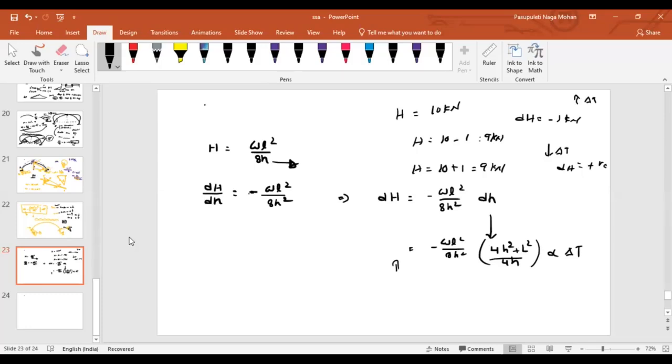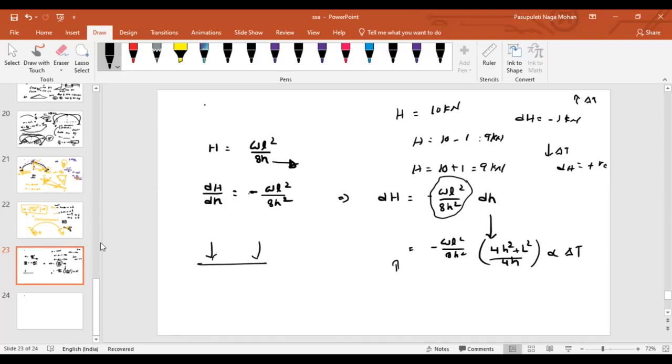So this is a simple case for loading. As it is a UDL loading, we can simply write it as WL square by 8H square. But if the loading is not simple, like if the loading is a point load, in that case we cannot define the horizontal thrust by using a simple equation.